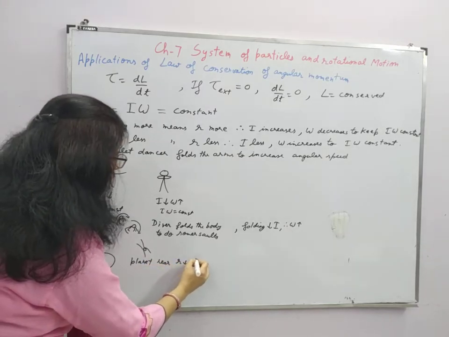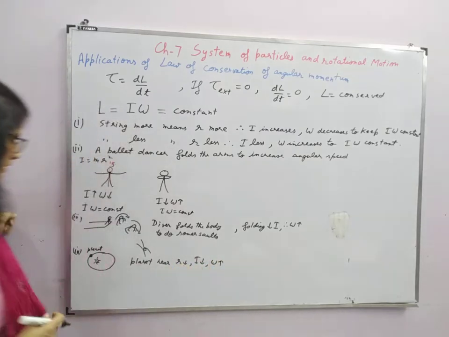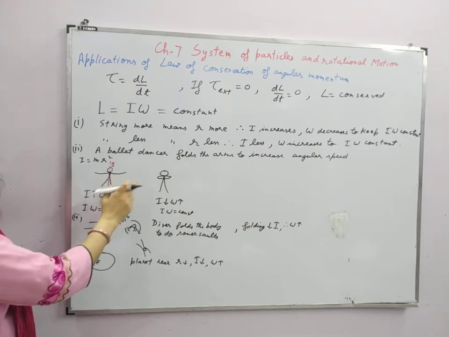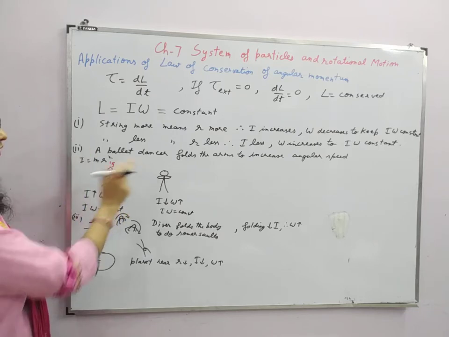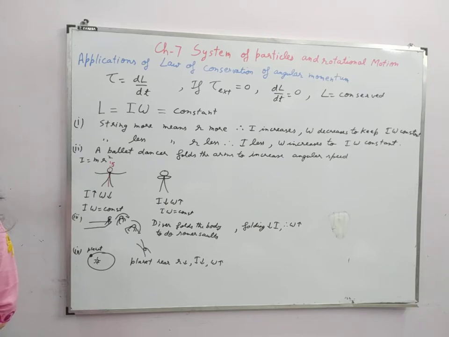R decreases, that means I decreases, that means omega increases, right? You can take the example of an ice skater also. They do the same actions to rotate fast. They fold the hands to rotate fast. I think this is what we had to discuss.